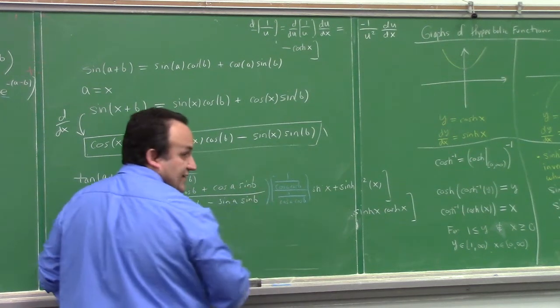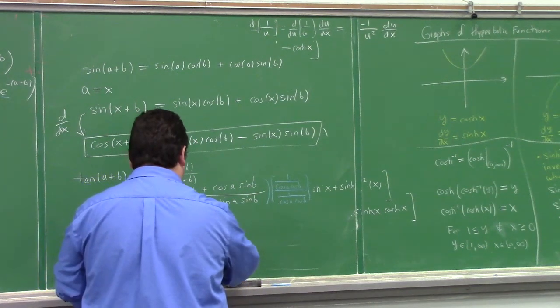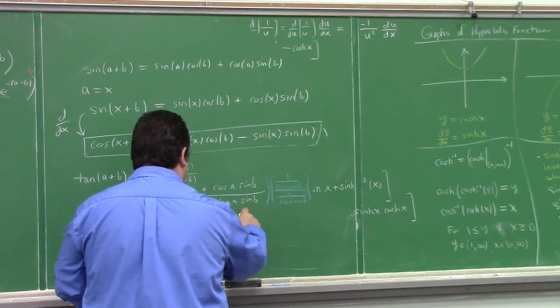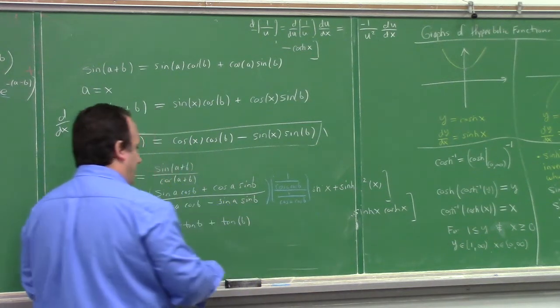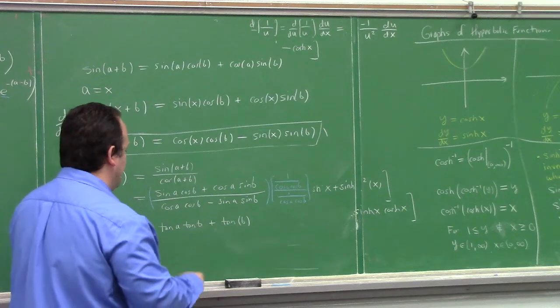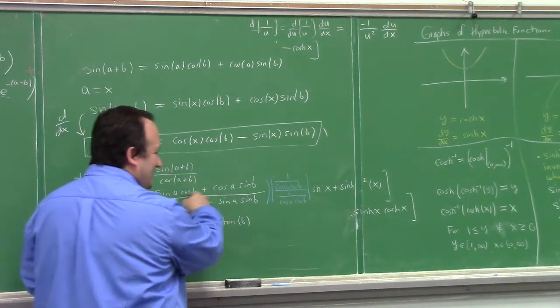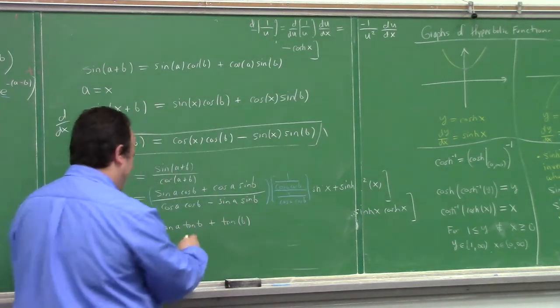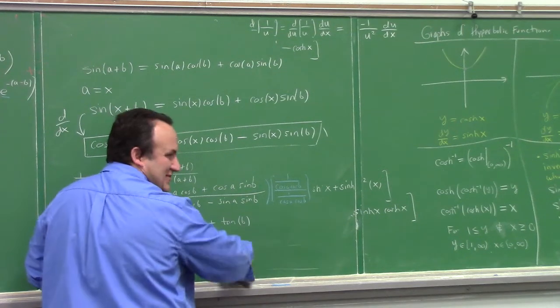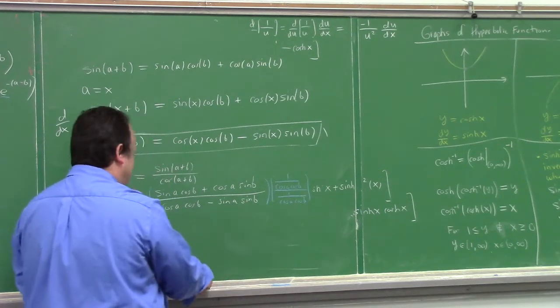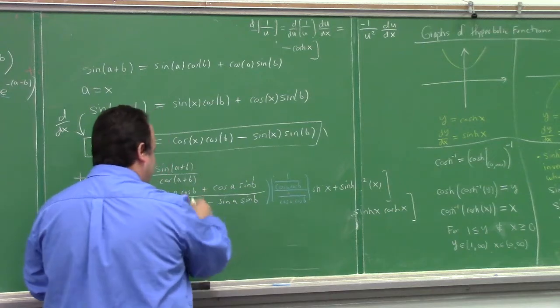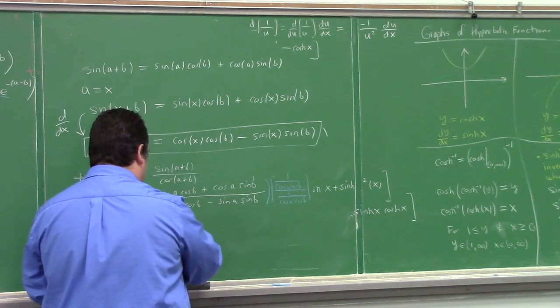You get sine over cosine, you get plus tangent B. Oh, I'm an idiot. I'm wrong. So cosine B canceled cosine B, right? I was like, this is not very symmetrical. Why do I get 2 tangents and then 1 tangent? That doesn't seem right. It's because I made a mistake. So tangent A plus tangent B, right?